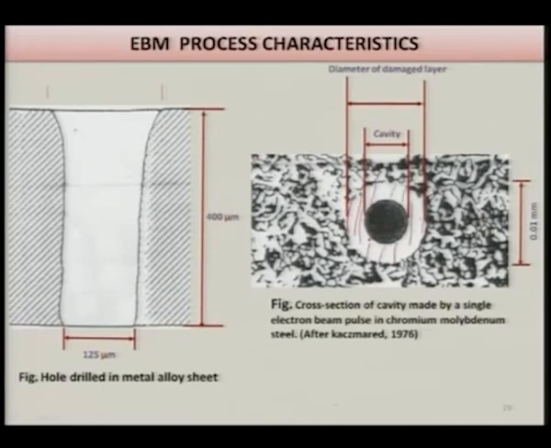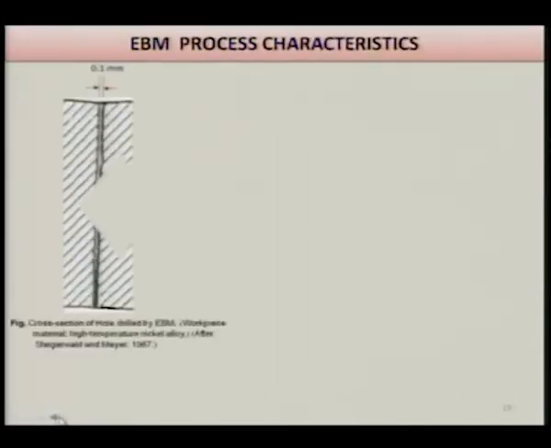The cross section of a cavity made by a single electron beam pulse in chromium molybdenum steel. Now this is a deeper hole but of smaller size, and again you can see this is not of constant diameter throughout, the diameter is varying along its length.